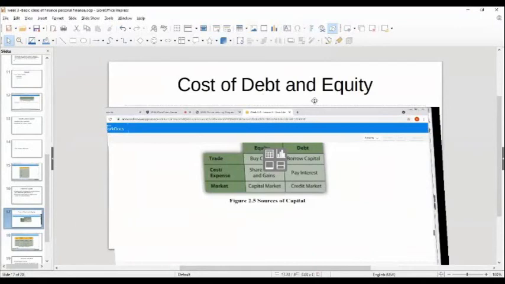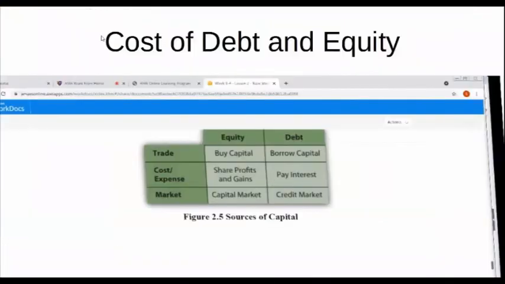So the cost of debt and equity, that means it is equity when you trade with your own capital. But when it is borrowed capital in the trade, then that is debt.